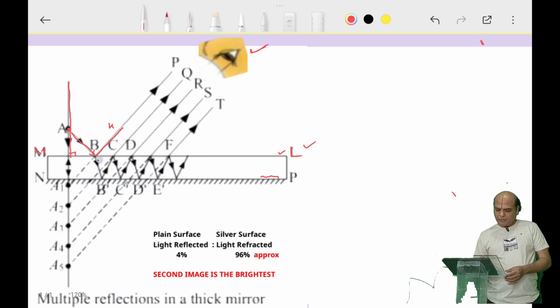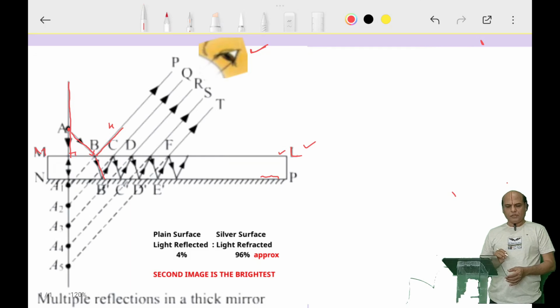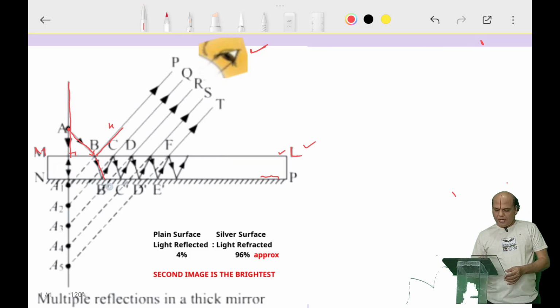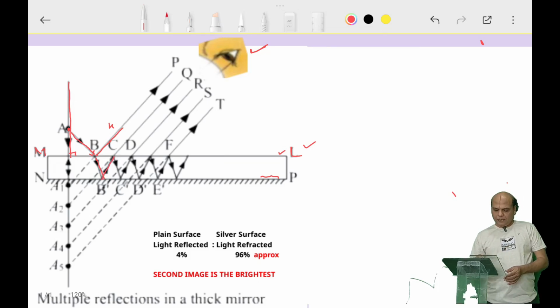The remaining 96% would be refracted along the line BB dash. At B dash, this light is reflected totally, and this internally reflected light along B dash C, after hitting the first surface, will get refracted along the line CQ.